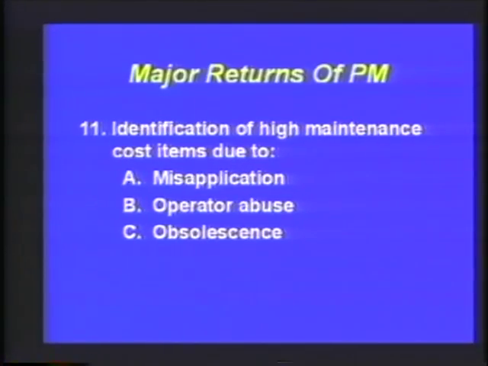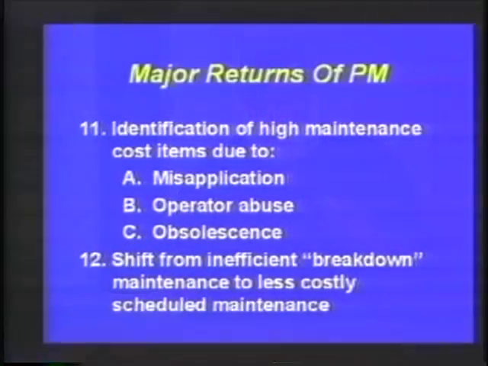We've talked about the obsolescence program and the need for a spare parts where used list to eliminate that. But 11A and B fall squarely on the shoulders of operating supervision. And last but not least, what we want to do is shift from what I call an inefficient, breakdown firefighting environment to a less costly, scheduled maintenance environment.